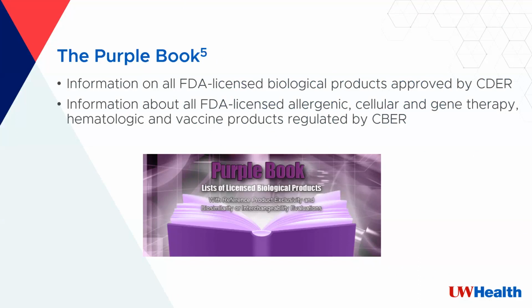Some of the information the purple book can provide is the date that biological products are licensed, whether a biological product has been determined by the FDA to be biosimilar or to have interchangeable status, the date of expiration of applicable exclusivity for biological products, and patent information for certain licensed biological products as well.